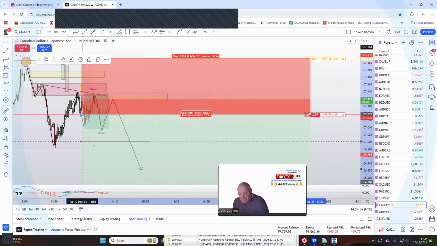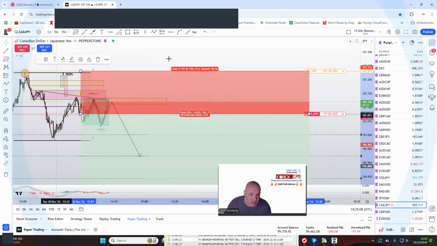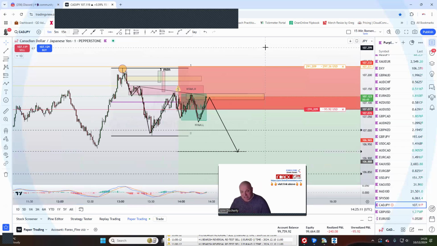If not, and if I do get stopped out, yes, we've lost again on a session like we did yesterday, but we are understanding what's happening with price action. And it's more important to mark out these annotations as price is moving during your bias, if that makes sense.